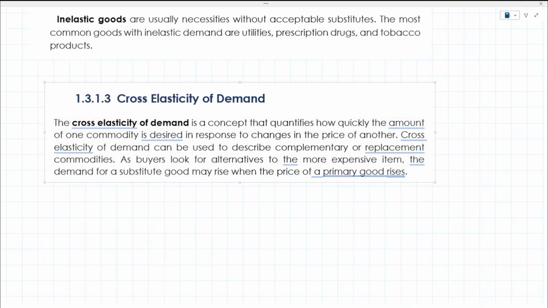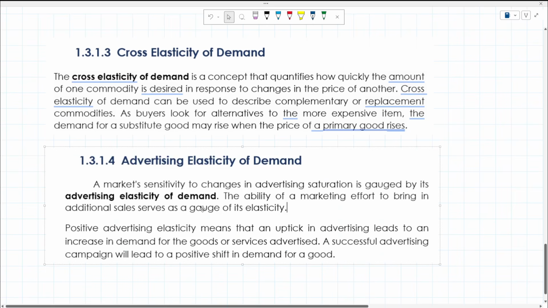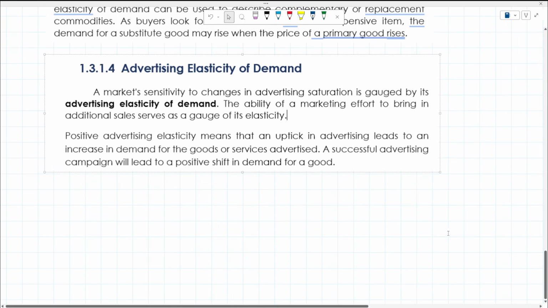And lastly, we have what we call the advertising elasticity of demand. From the term itself, advertising, this is the market sensitivity to changes in advertising saturation, gauged by its advertising elasticity of demand. It is the ability of a marketing effort to bring in additional sales that serves as a gauge of its elasticity.